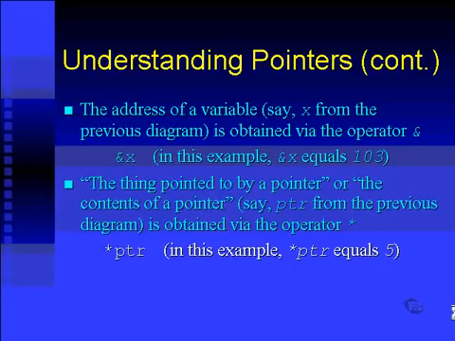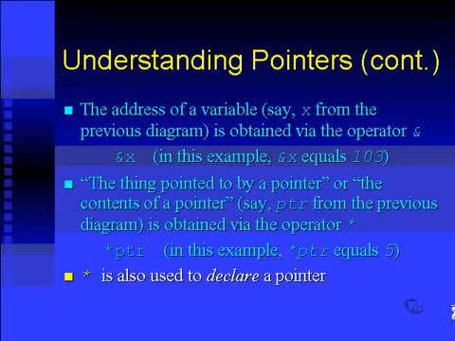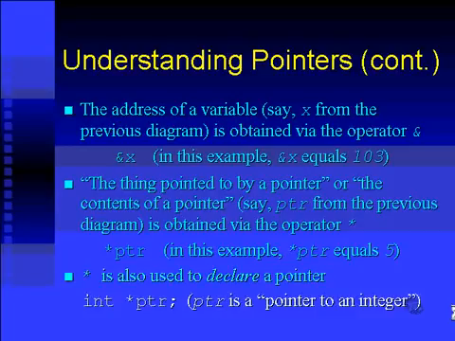Finally, the asterisk operator is also used when you declare a pointer. If you ever were wondering how pointers actually get declared as variables, they get declared like this: int asterisk PTR semicolon. Now, if you didn't have the asterisk there, it would obviously be declaring PTR to be an integer.